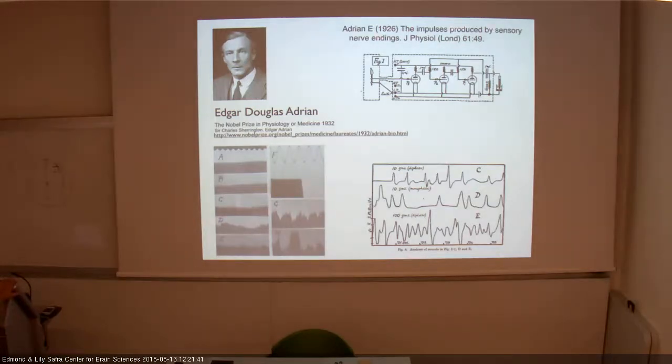So there are two papers. I actually cited you one, but there's another one which is Adrian and someone whose name I forgot. It's usually called the impulse produced by a sensory nerve ending, 1 and 2. In the first paper, he introduces the system that he's using, and what you see here is a muscle and the nerve that goes into and out of the muscle.